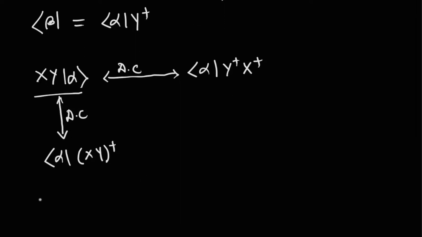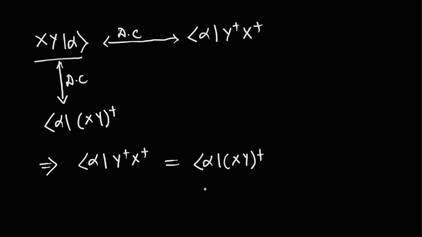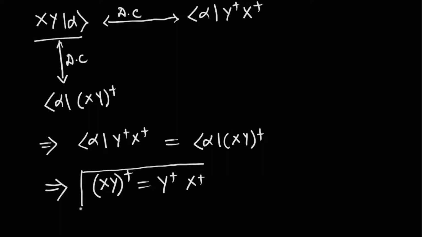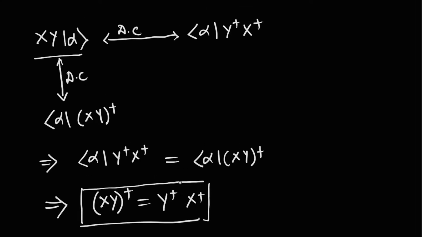This means <alpha|Y dagger X dagger should equal <alpha|(XY) dagger. That is actually (XY) dagger means Y dagger X dagger. Hence we prove the second part of the question.